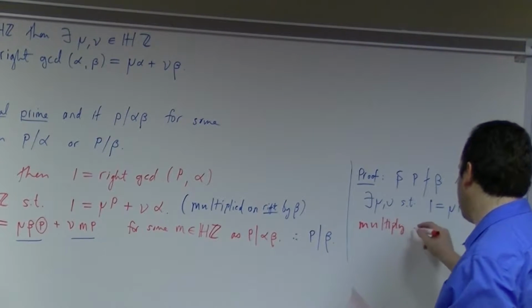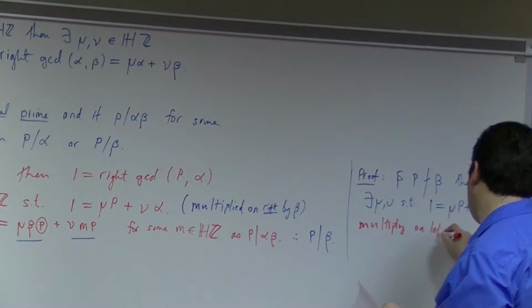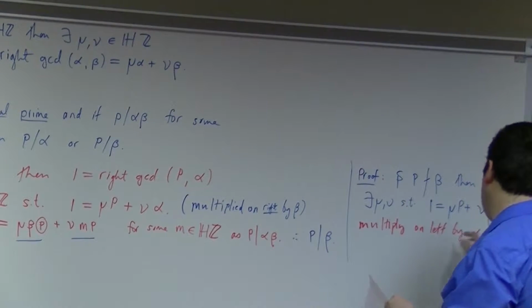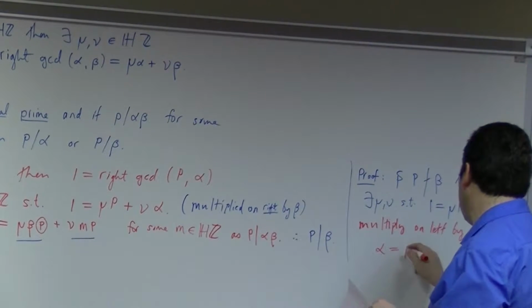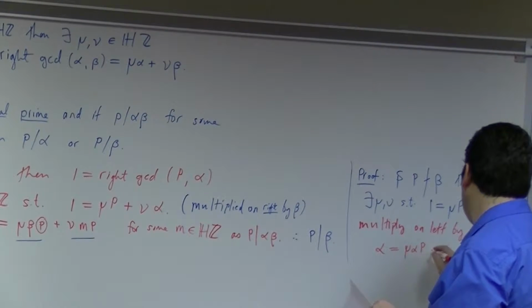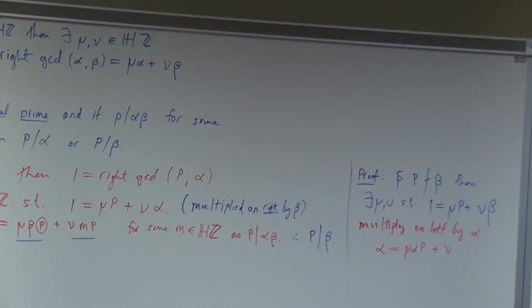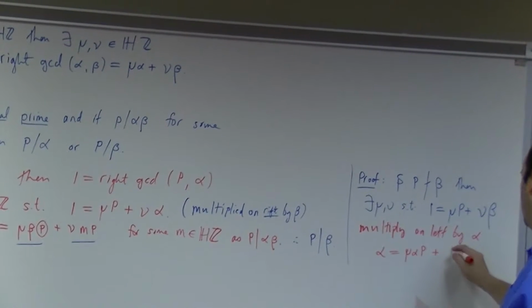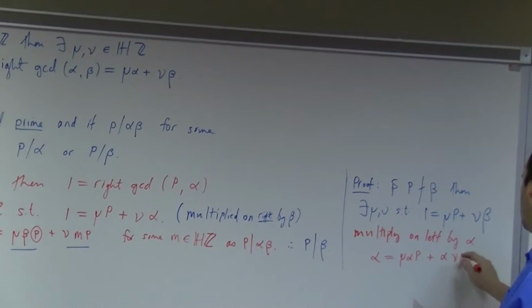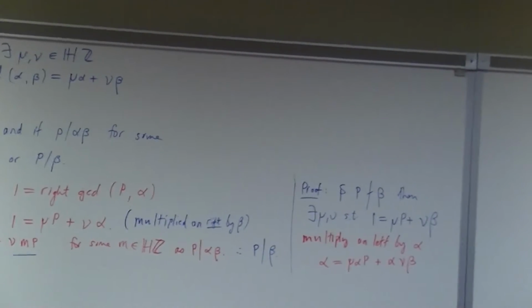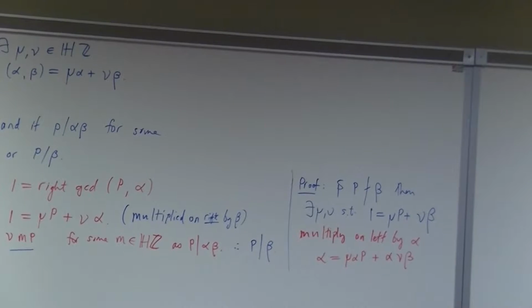Multiply it on the left by alpha, and that gives me alpha is equal to mu alpha P plus alpha nu beta. I think that you can assume that P divides.